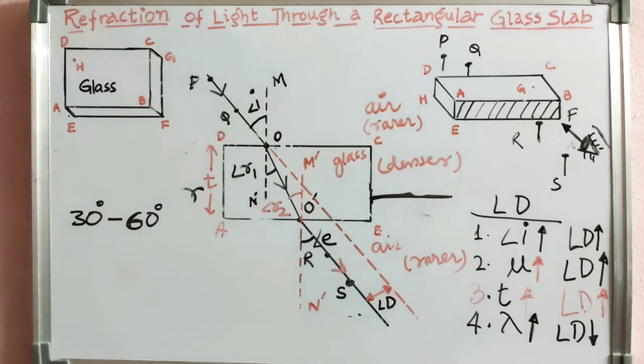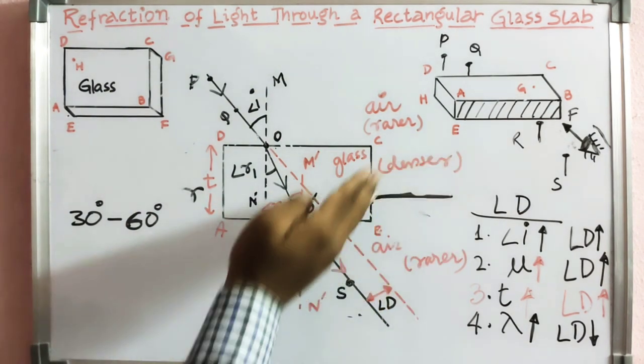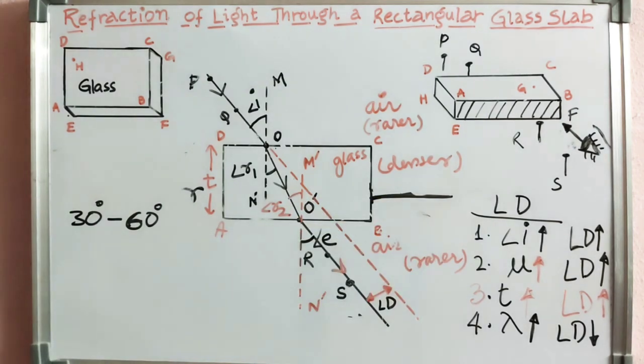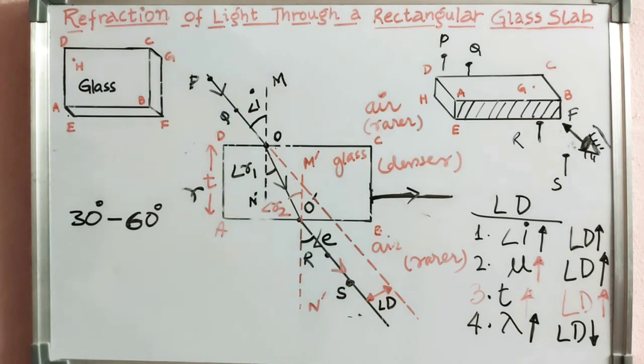So if it refracts through that side, the emergent ray will not be parallel to the incident ray, so lateral displacement will not come. And you have to show lateral displacement.